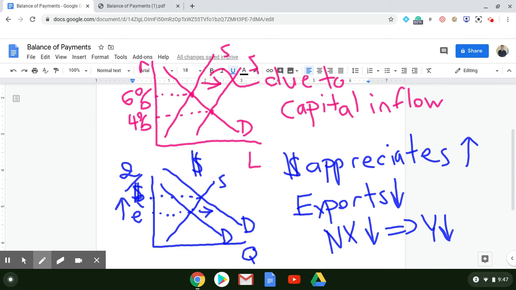As the dollar appreciates, it makes our goods and services appear more expensive. Exports will go down, net exports will go down, and eventually the output will go down.